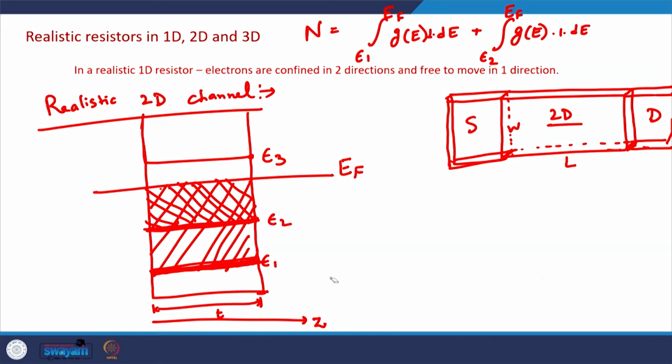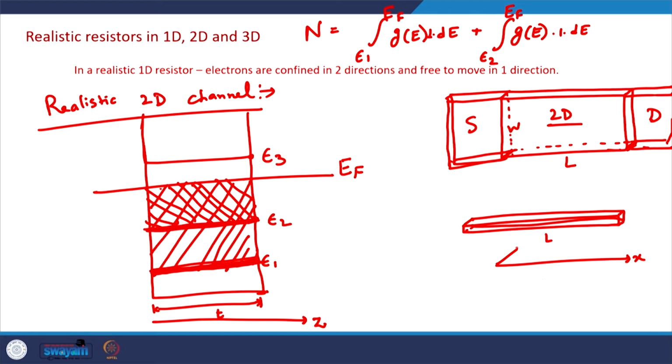So in a real 1D conductor, let us say this is x direction, this is y direction, this is z direction. The electrons are confined in y and z direction, and the total energy is Ex plus Eyz. And this Eyz will be a discrete value, and that is what essentially we need to take into account now.